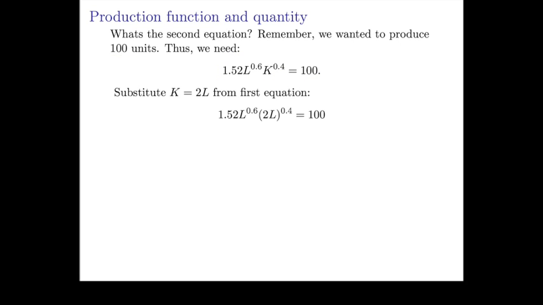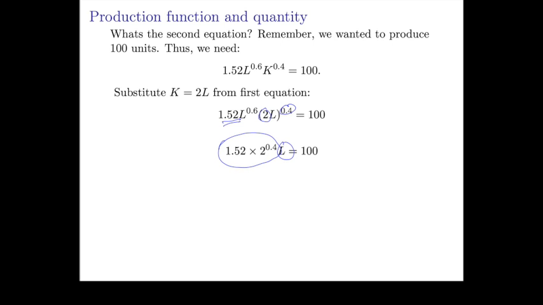So we can plug in K equals 2L from the first equation to here, and that'll allow us to solve for L. So we can factor out L. L to the 0.6, L to the 0.4, the product of those two things is just L. So we get 1.52 times 2 to the 0.4 times L equals 100.